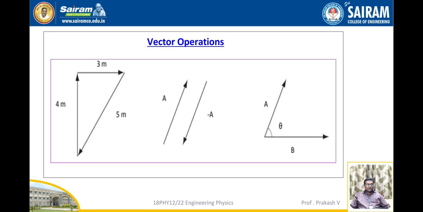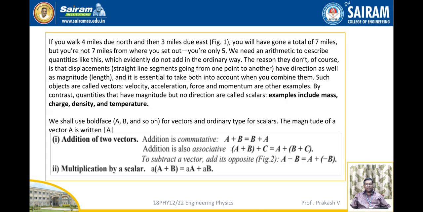Now let us consider, suppose you walk 4 miles due north and then 3 miles due east, so you will have gone a total of 7 miles. But actually you are not 7 miles from where you set out. Actually you are only 5 miles away.